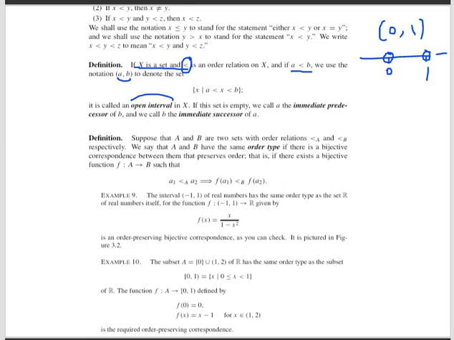Okay. Suppose that A and B are two sets with an order relation for A, and this is the relation for B. We say that A and B have the same order type if there is a bijective correspondence between them that preserves order. What does it mean? If there exists a bijective function F from A to B such that a1 is less than a2 implies F(a1) is less than F(a2).